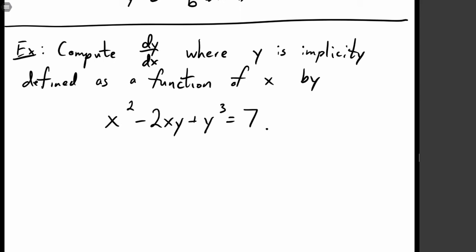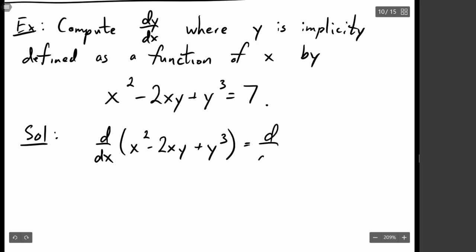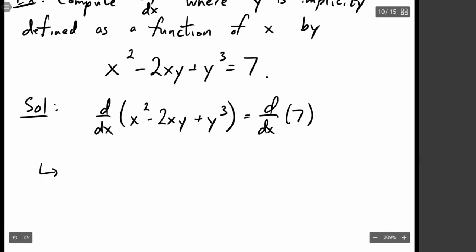So to do this, we're just going to differentiate both sides with respect to x. So d/dx of x squared minus 2xy plus y cubed equals d/dx of 7. So the derivative of x squared is 2x. Now here, how do you think we differentiate this?